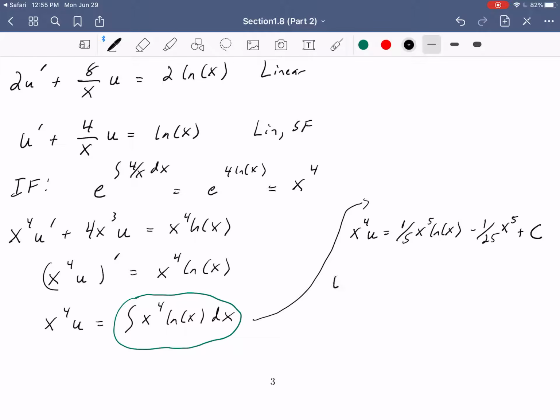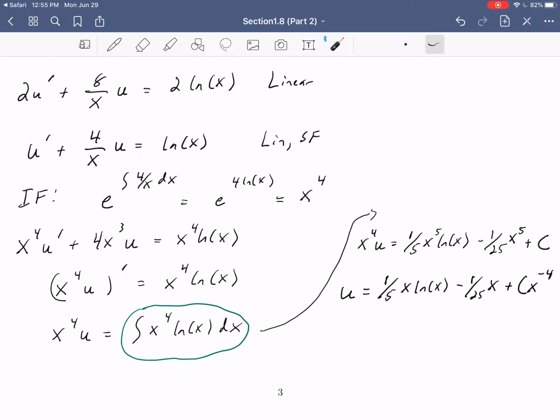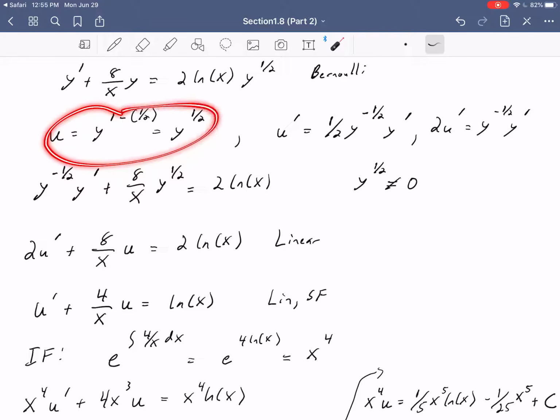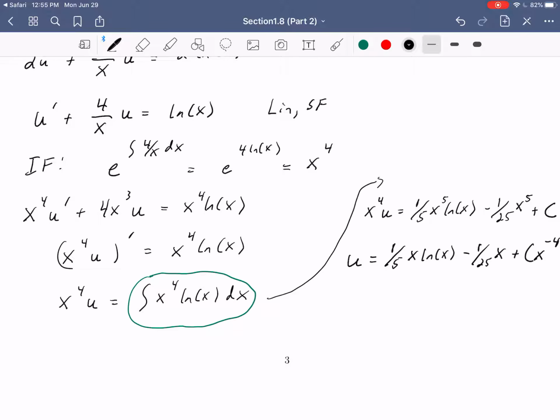That's not too bad. So we get u is 1/5 x ln x minus 1/25th x plus, I guess we could just call it c x to the negative 4. All right, now we have our replacement of u, which was y to the 1/2. So y to the 1/2 is 1/5 x ln x minus 1 over 25 x plus c x to the minus 4.